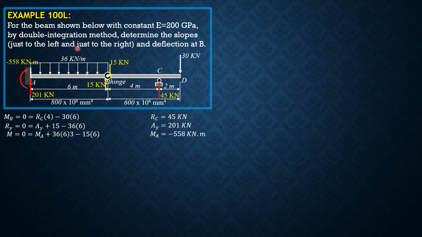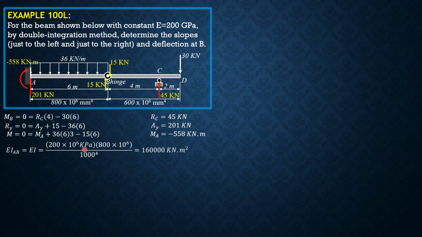We now establish our differential equation for portion AB. EI, the value is 200 times 10 to the 6 kilopascals, 200 gigapascals, times 800 times 10 to the 6 mm to the 4th, divided by 1000 to the 4th to make it meters to the 4th.